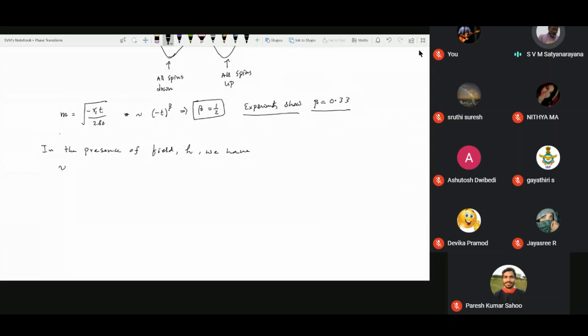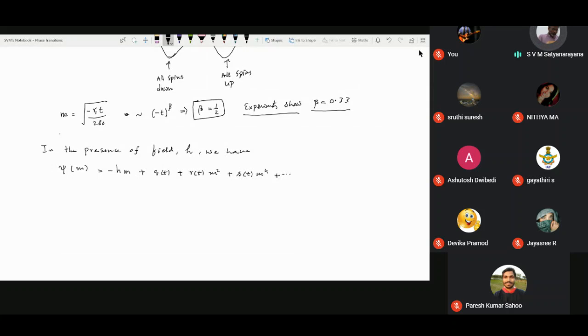Your psi of m will be equal to an additional term, minus h into m, plus your q of t plus r of t m square plus s of t m to the 4, and so on.